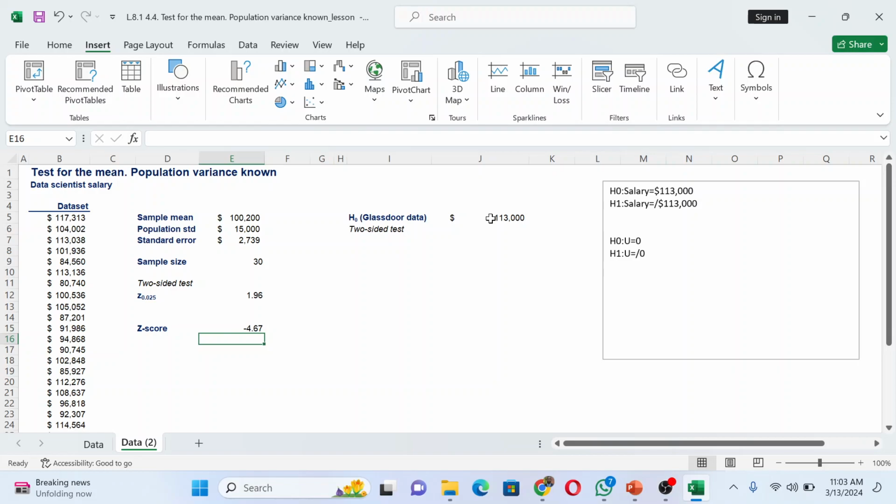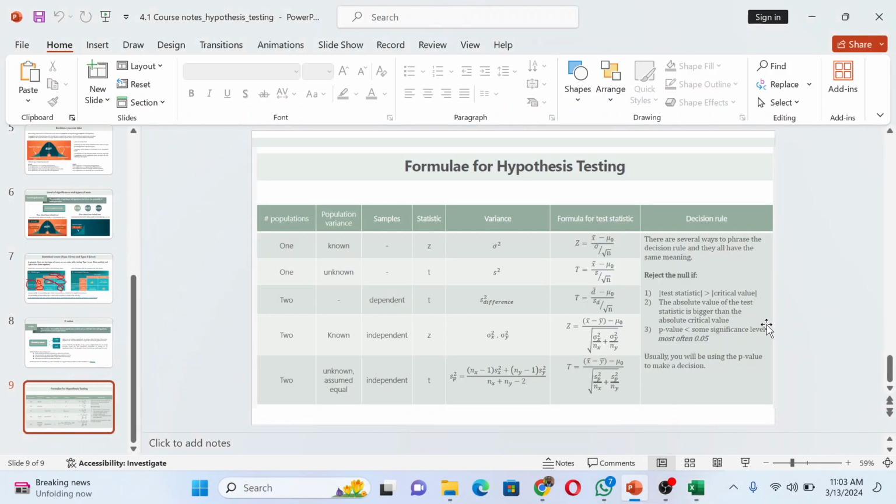The next one, according to our notes, we are saying that the test statistic should be greater than the critical value. This one here is the sample mean minus the population mean that you have been given, divided by the standard error.